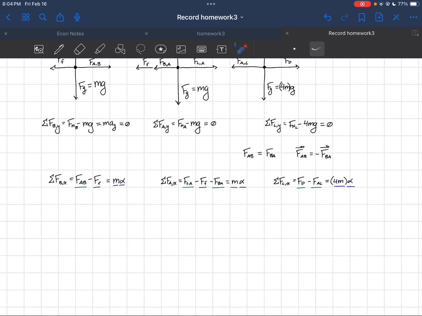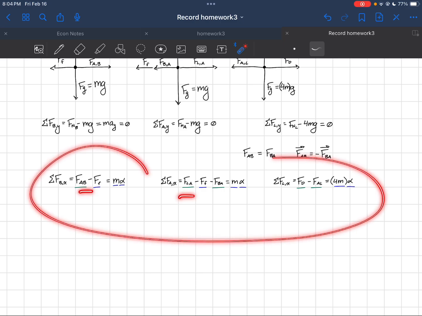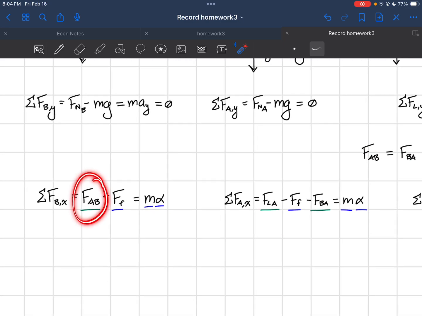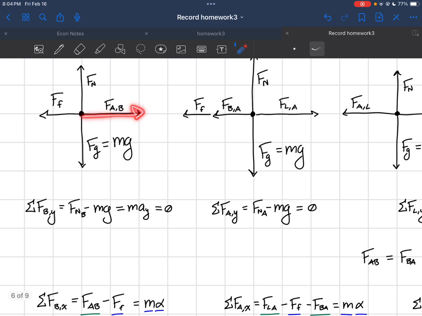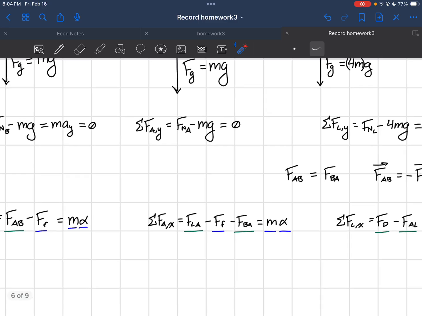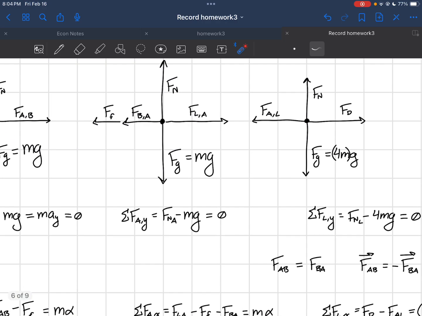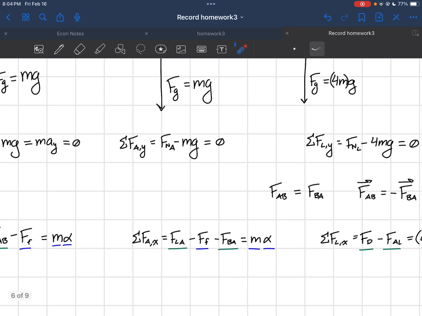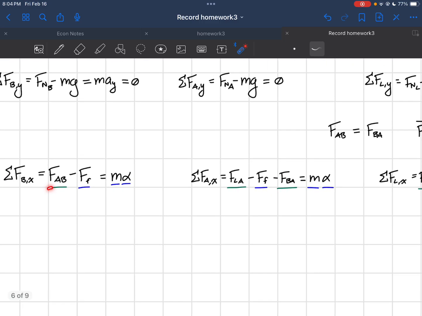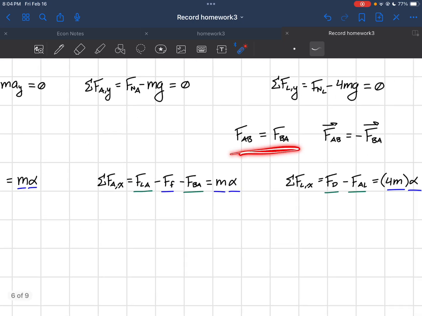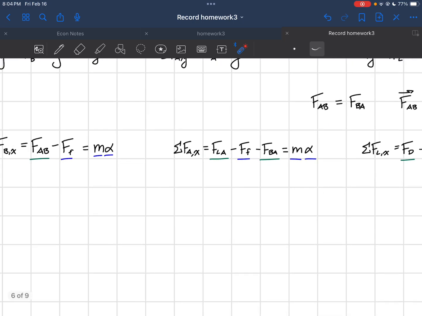Since we've already accounted for the direction of all of these forces, I drew F_AB going to the right on B, but I drew F_BA going to the left on A. I've accounted for the fact that they're in opposite directions, so I can just say that their magnitudes are equal, and it makes my life a lot easier.